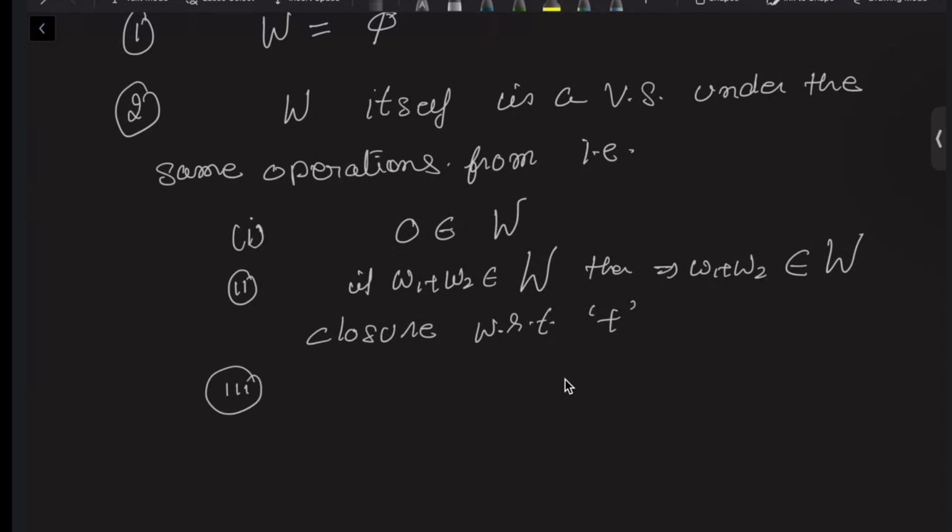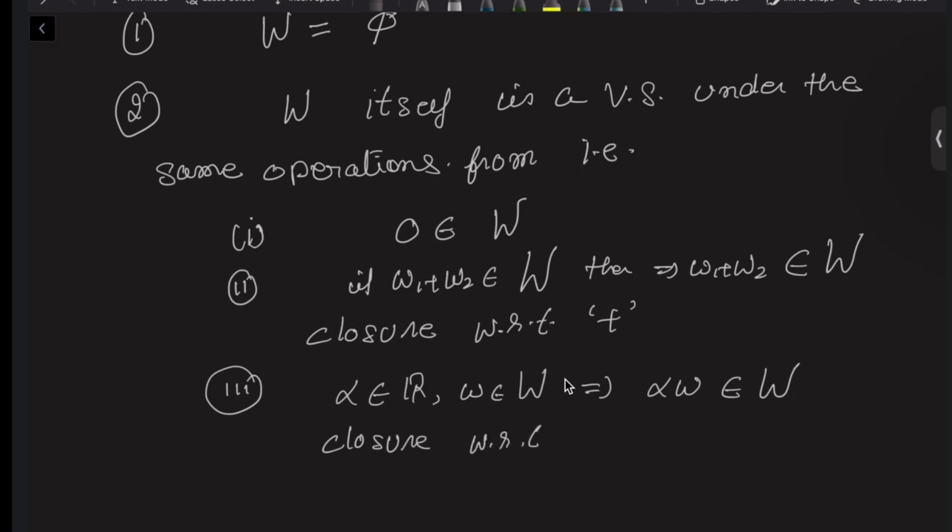And the third condition is similar: for alpha belongs to R and w belongs to W, the scalar multiplication, that is alpha w, should also be in W itself. Means closure with respect to scalar multiplication.